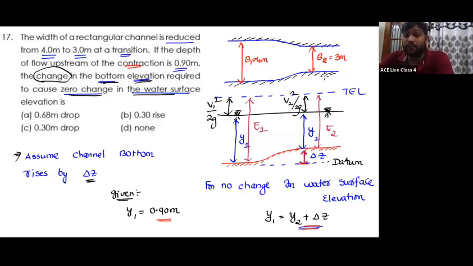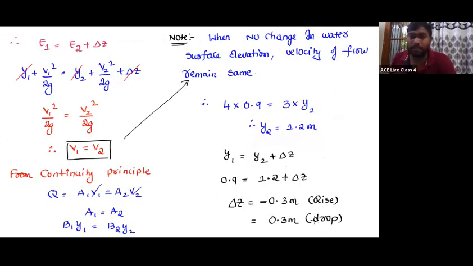In the width, the width may reduce or the width may expand. In the channel bottom, the channel bottom may rise or the channel bottom may drop. So a total of 4 transitions are there. Yes or no? Now you see what is the condition I got over here. One is, if the width is going to reduce, then the channel bottom should drop. Yes or no?